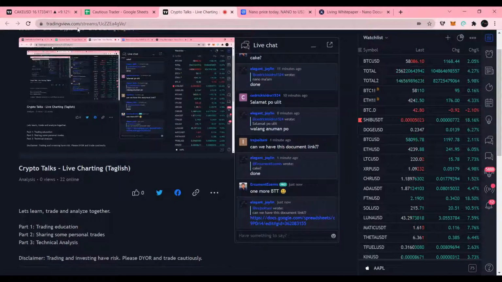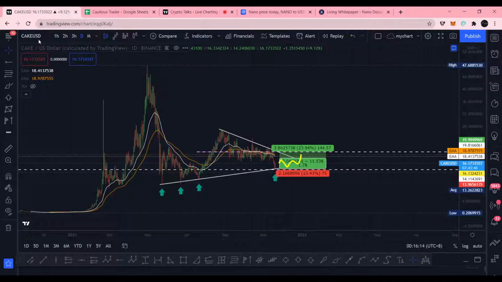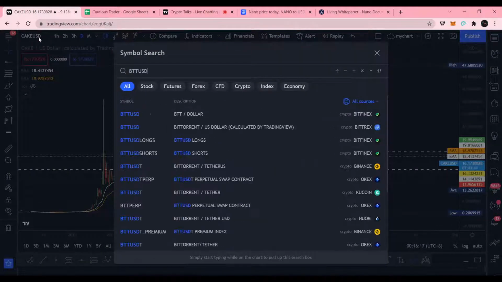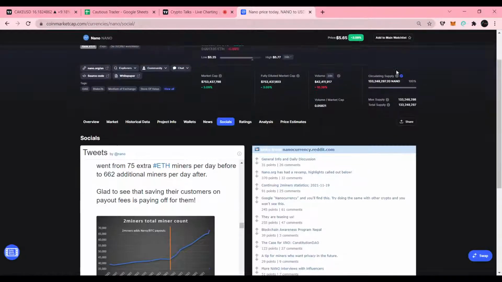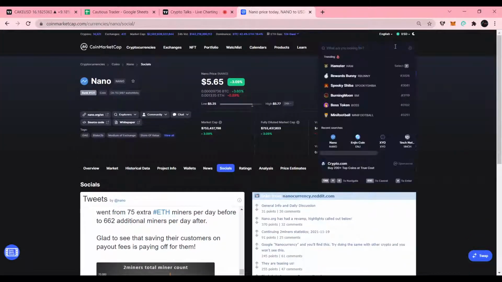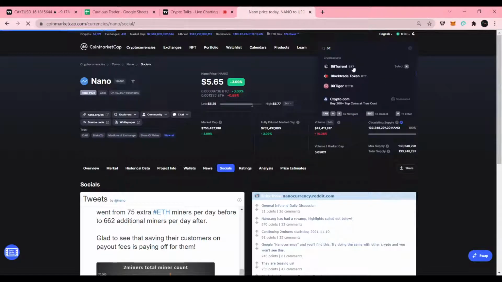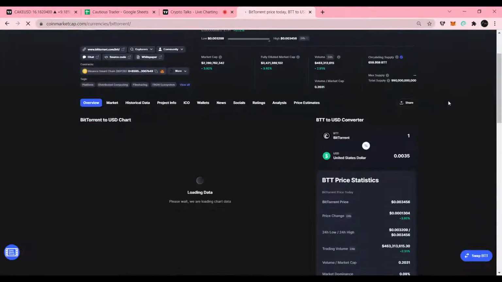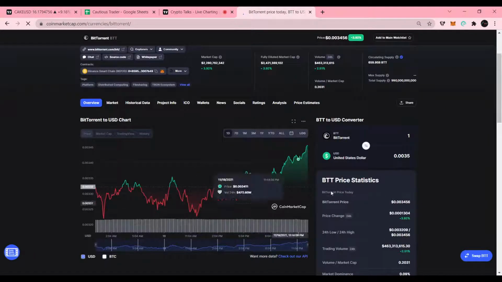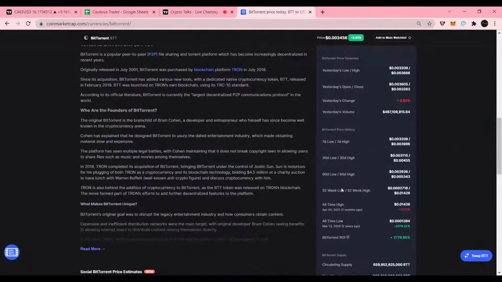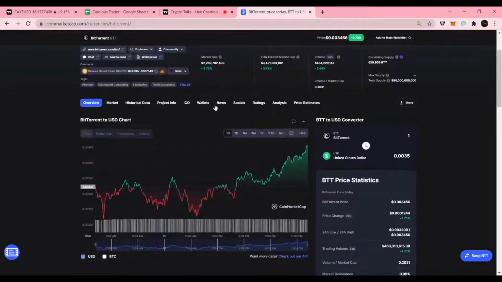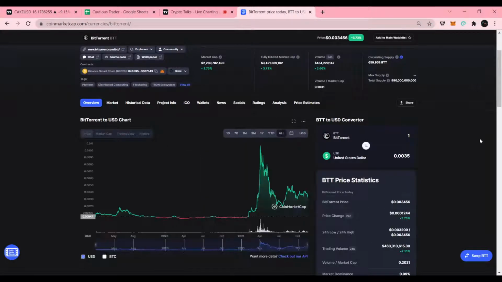one more, BTT. So last time, BTT daw. BTT, did we have it? Let's check on the highs. 7 months ago, 1 cent, 0.01 happened here.